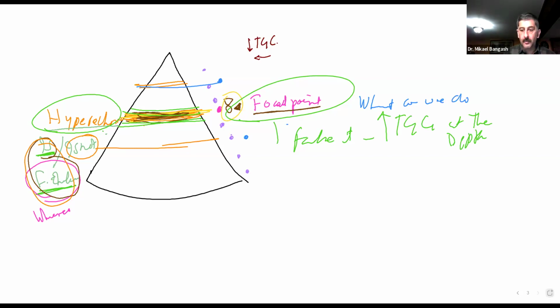So guys, verbally, how would you define focal enhancement?